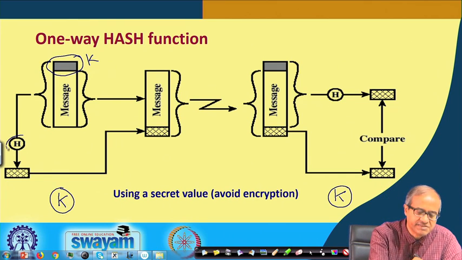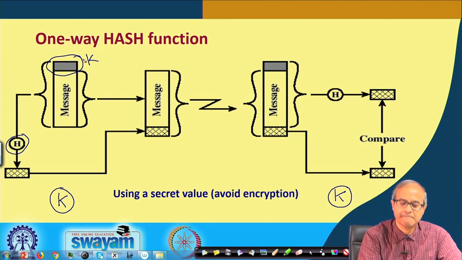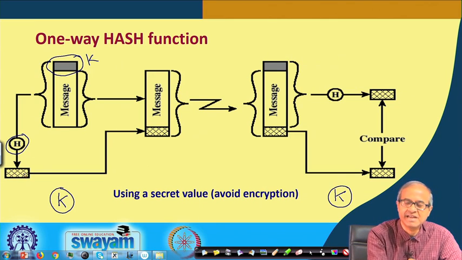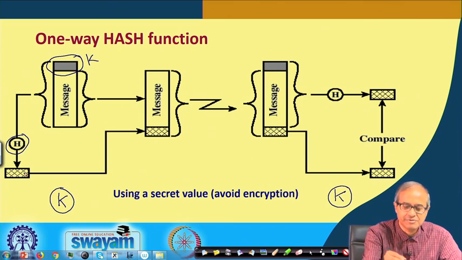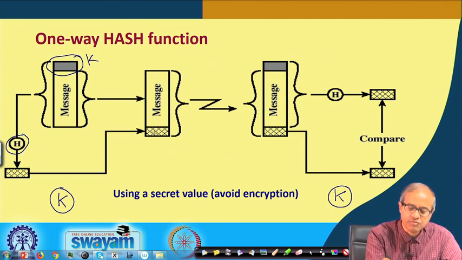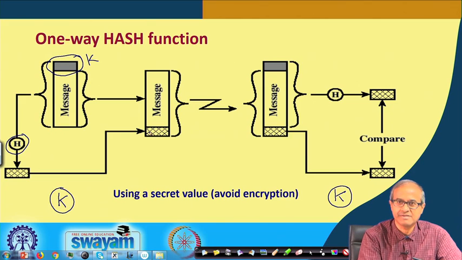So, the hash value I get also carries a flavor of k with it. Unless I have the correct value of k, I cannot generate that hash value. So, I send the message, only the message, not the k, but along with the hash value I compute here.